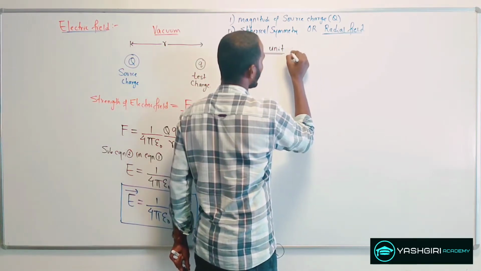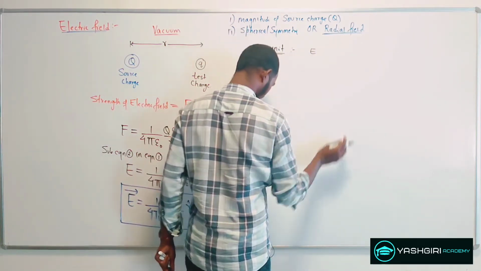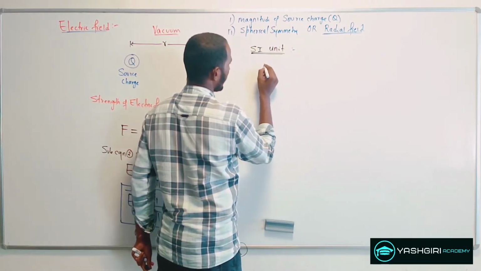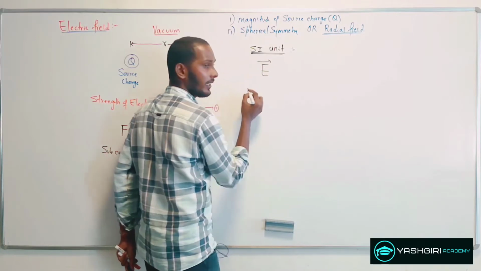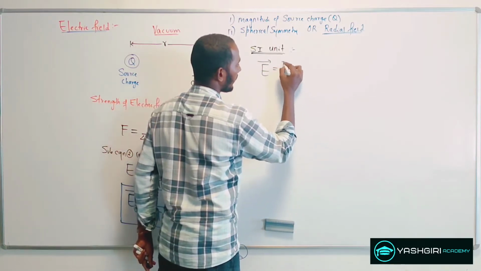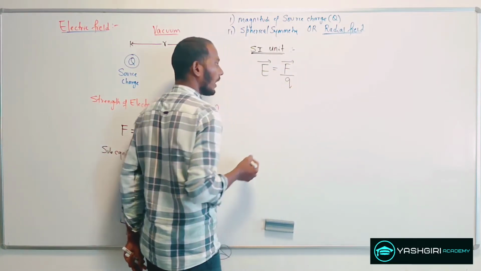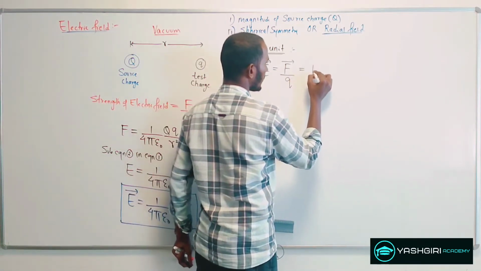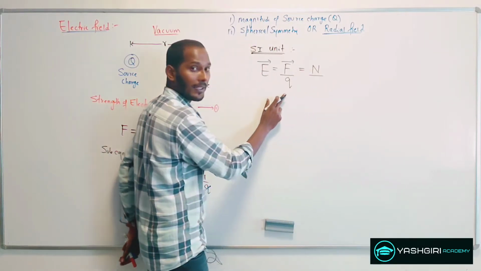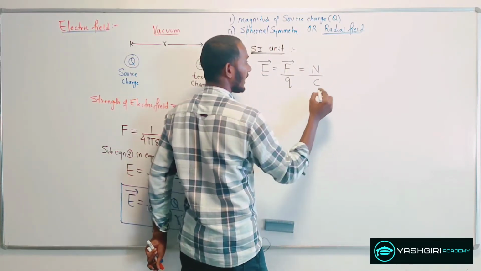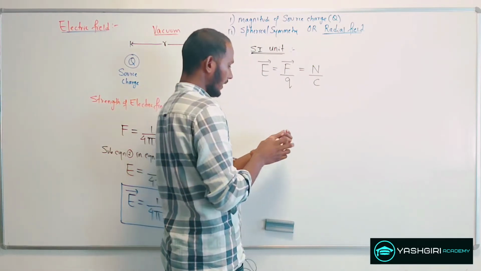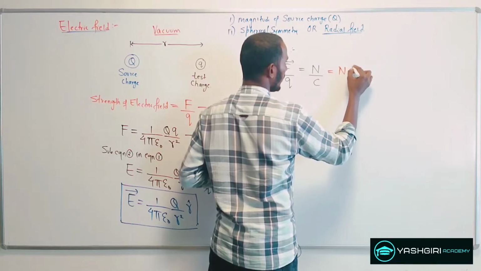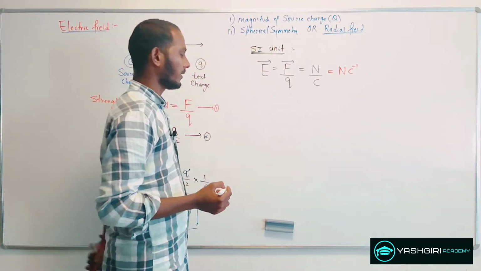The electric field vector E is nothing but vector F upon q. Now we measure the force in terms of Newton, and the charge we measure in terms of Coulomb. So the SI unit will be equal to Newton per Coulomb, Newton Coulomb inverse. I can write it like this.